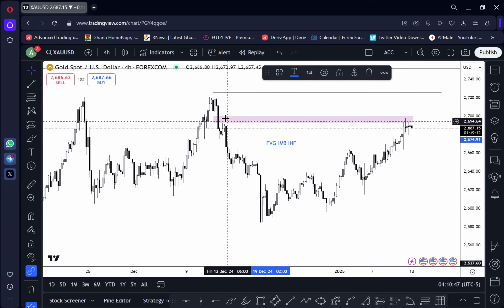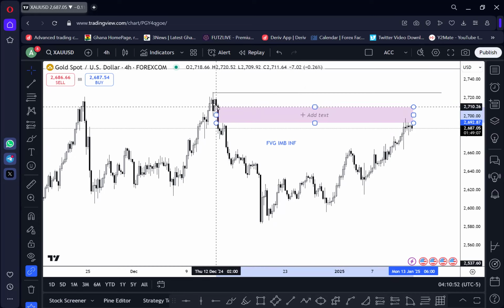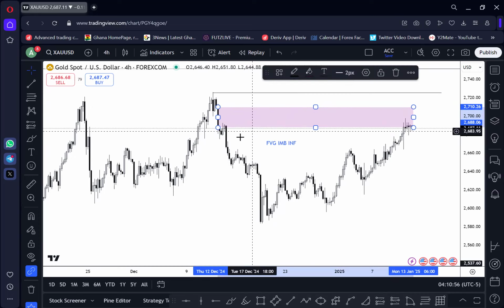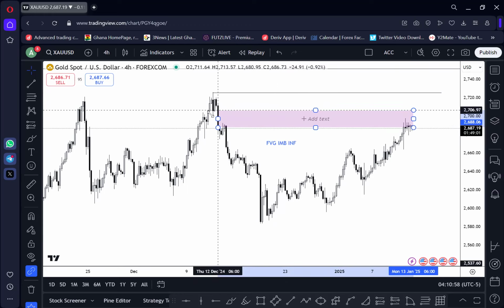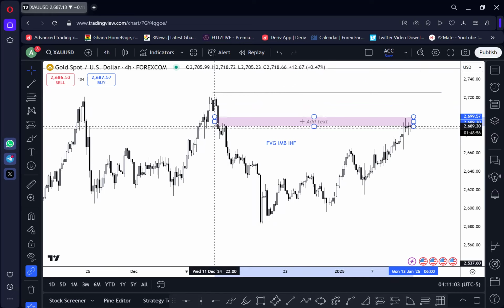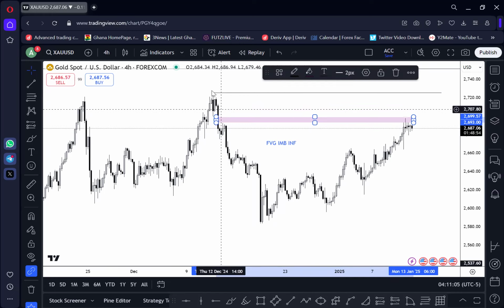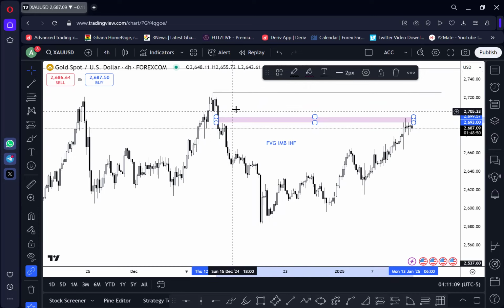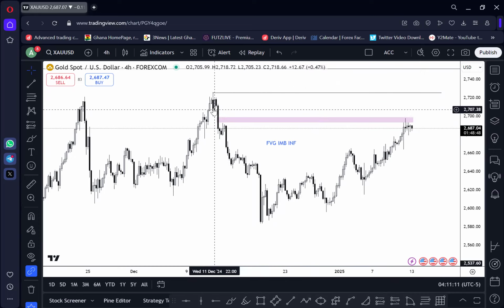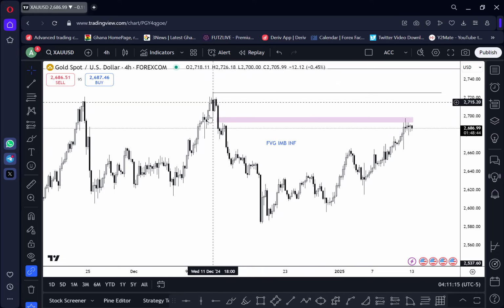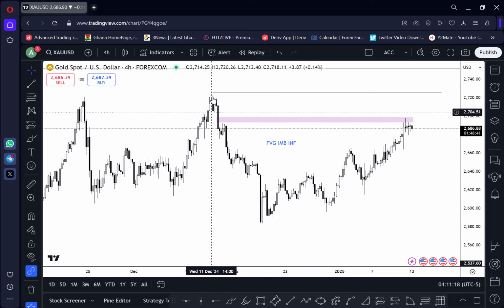So for instance, this entire area here is the fair value gap. If you see, I minimized it to this extent because this first candle is the major candle here. This one and the black candle are all within this first black candle.